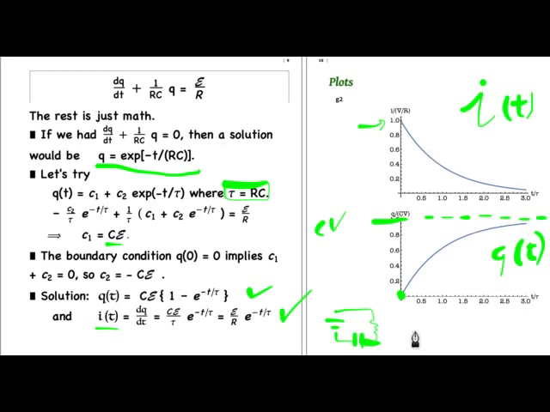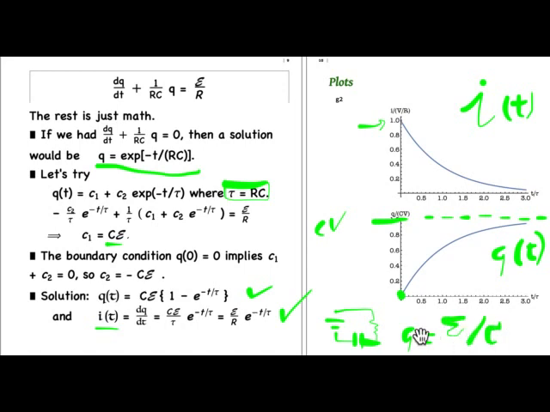The steady state solution is Q equals, well, let's call it CV. Or I could call it CE. Yeah, I guess it would be more logical to call it CE. That's the capacitance times the voltage of the battery.